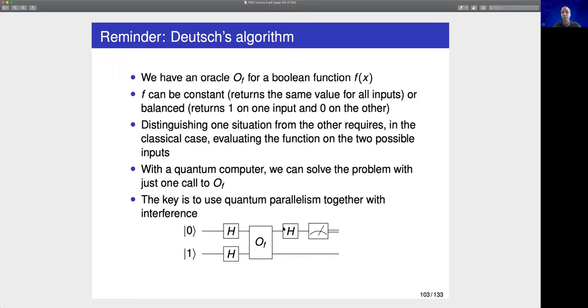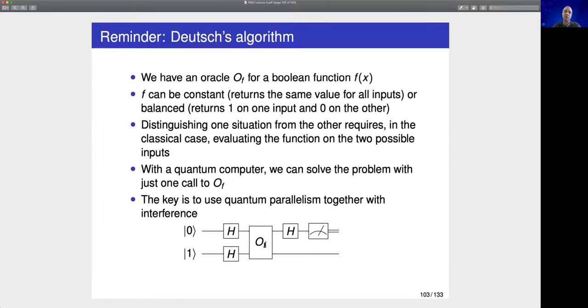And these are all the possibilities that we have with a one-bit Boolean function, okay? Either it is constant or it is balanced. And we used this circuit here on the bottom of the slide to answer this question in the quantum setting with just one call to the oracle of the function, with just one function evaluation, okay?